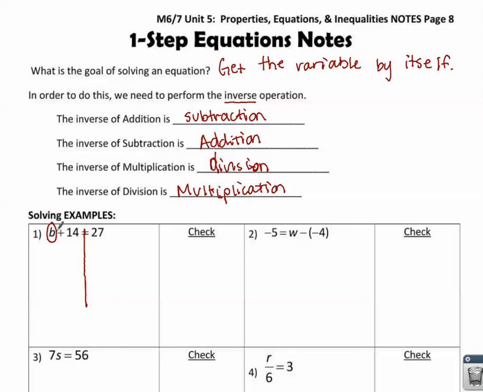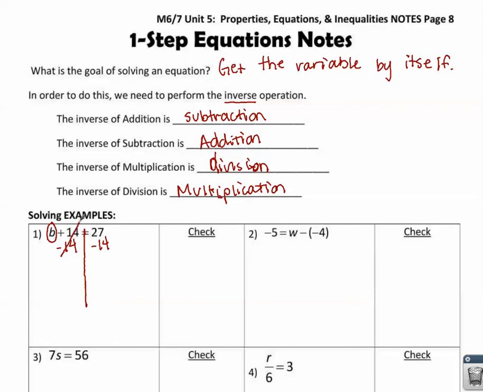You're trying to get that by itself, so you need to move the positive 14. In order to do that, you need to take the inverse. So the inverse of plus 14 is minus 14. What you do on one side, you must do on the other side of the equal sign. That's why we draw the line.